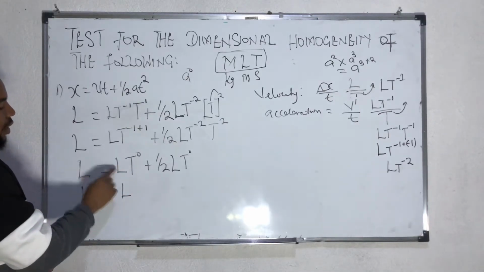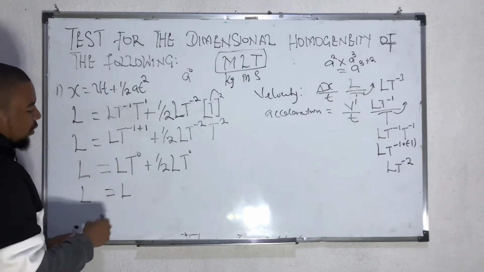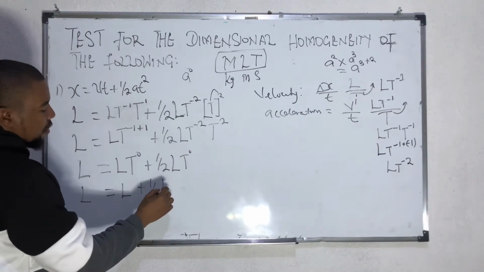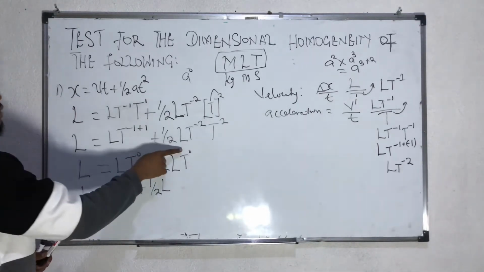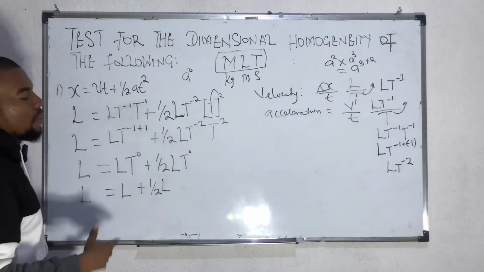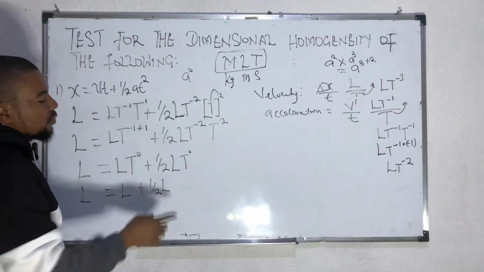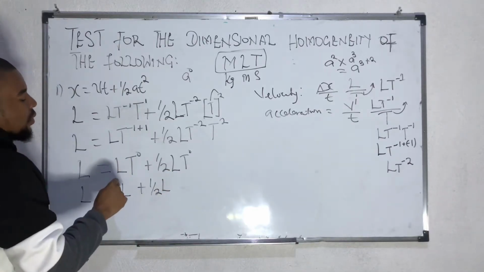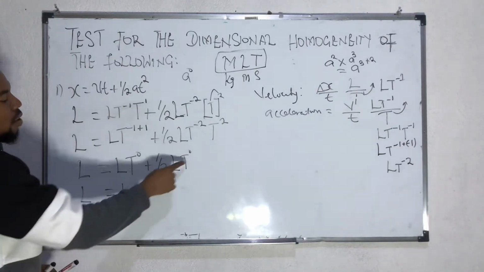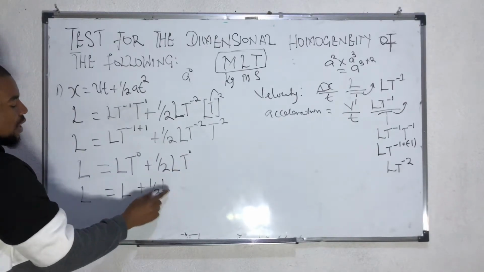And 1 times L gives you only L plus half L. Okay. Now, this one here is also 1 because any number raised to the power 0 apart from 0 is equal to 1, right? Therefore, t raised to the power 0 is 1. 1 times the L will give us an L.